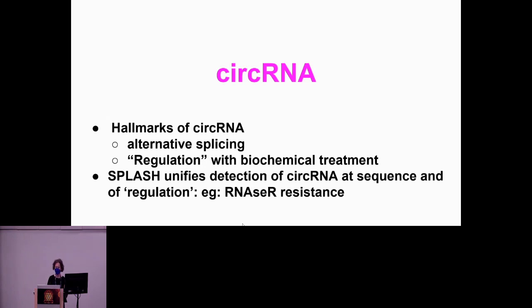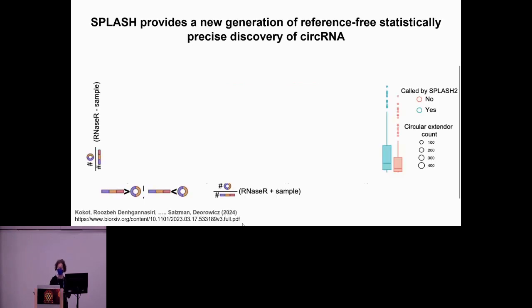So what I'll show you next is we kind of blindly benchmarked this approach SPLASH on some data that was generated with and without RNase R. So you took normal samples and then also samples with RNase R. The y-axis is the RNase R minus sample, the x is RNase R plus.